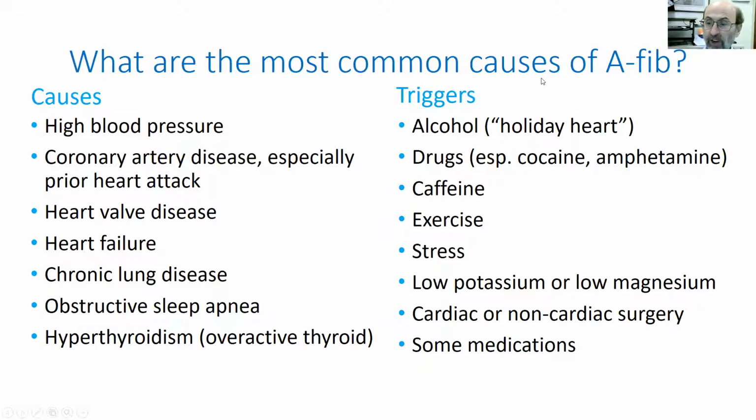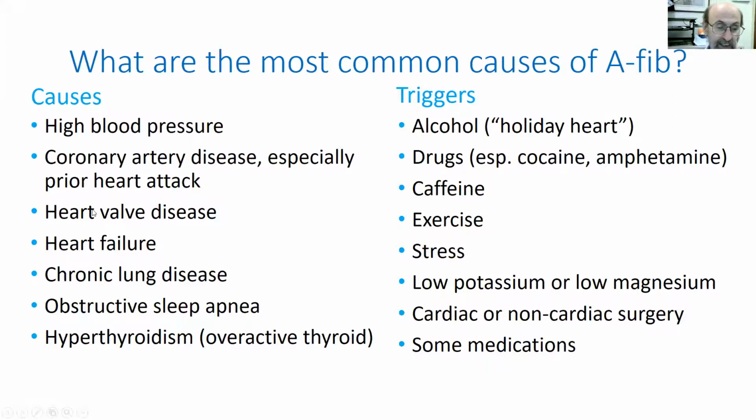What are the most common causes of atrial fibrillation? Well, by far the most common causes are high blood pressure, which is also very common in older people, coronary artery disease, which is blockages in the arteries that supply blood to the heart, especially if there's been a prior heart attack that would predispose someone to the development of atrial fibrillation.